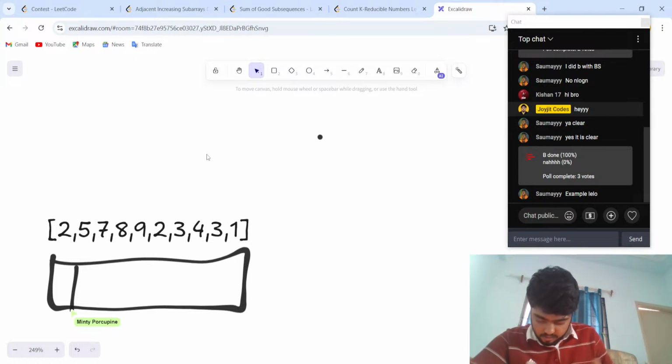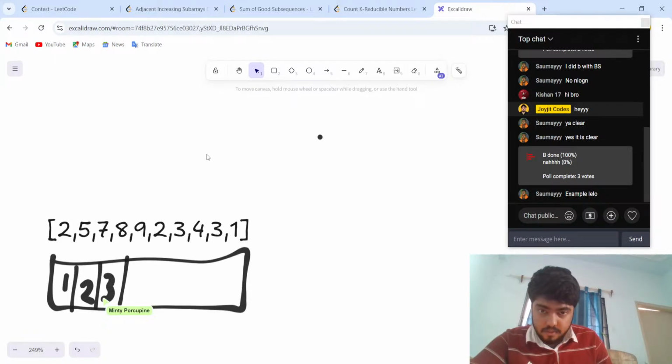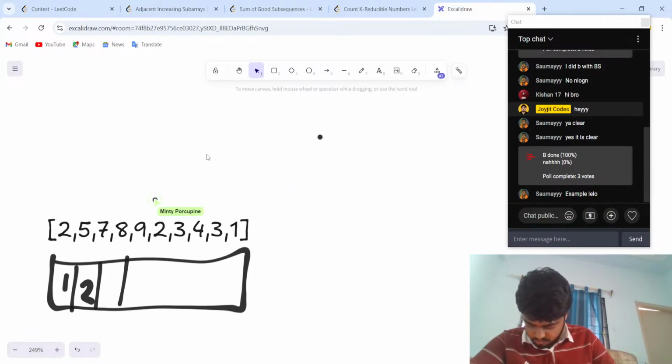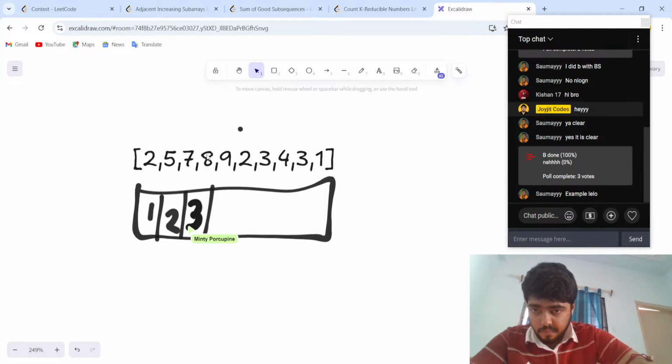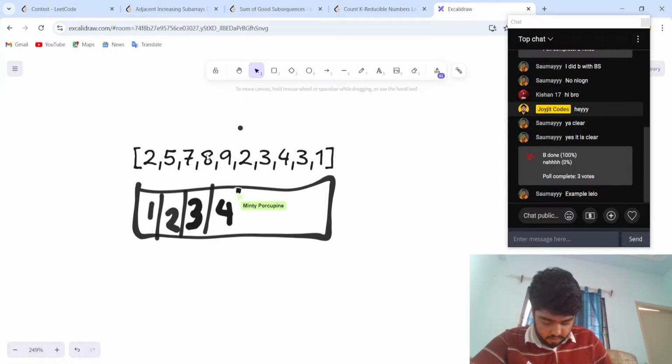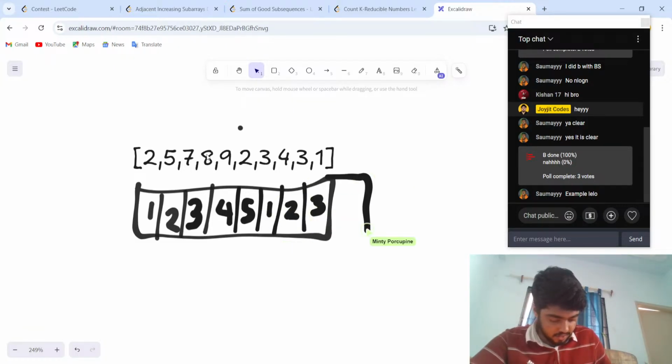Just be interactive. Initially it is 1, then for 5 it is 2, for 7 it is 3, for 8 it is 4, for 9 it is 5, for 2 again it is 1, for 3 it is 2, for 4 it is 3, and then again for 3 and 1 it is going to be 1 and 1, right?